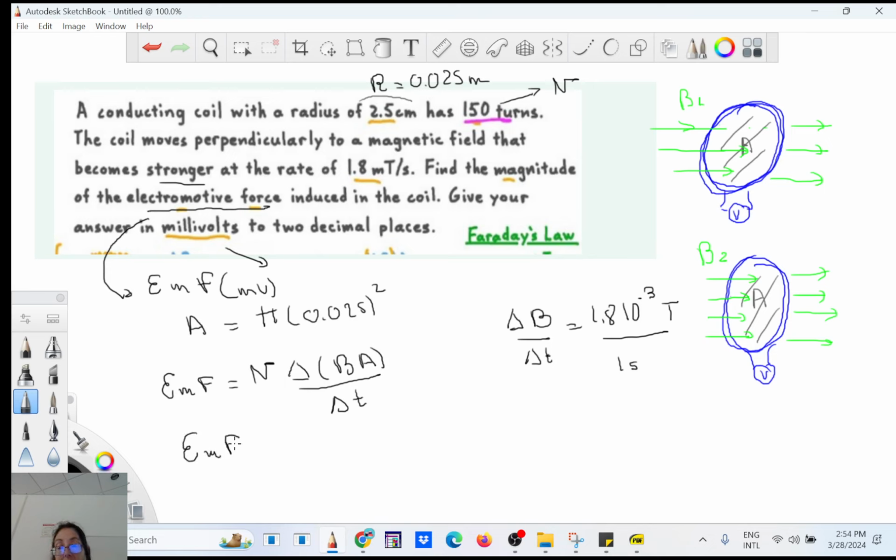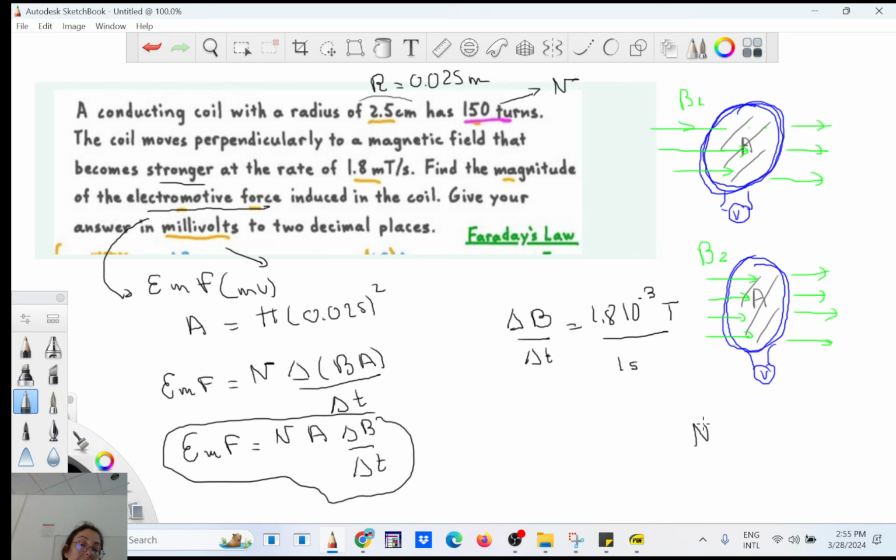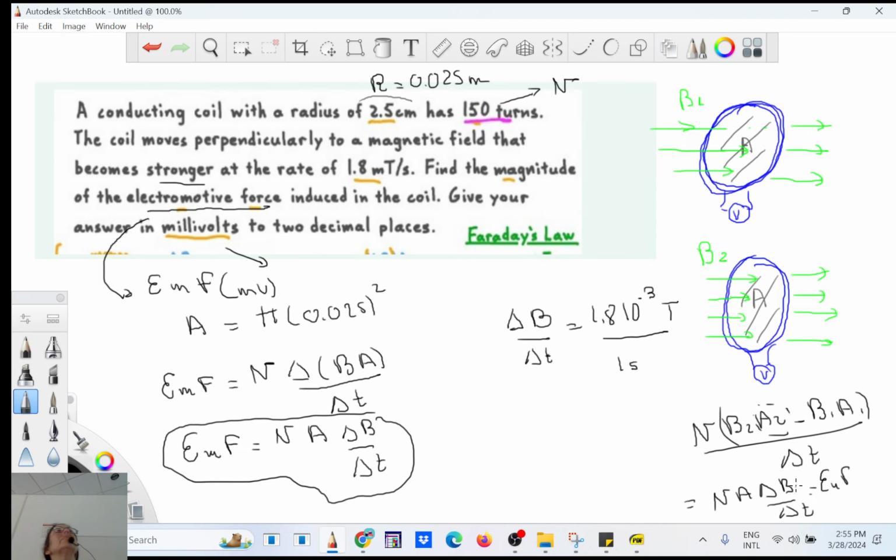So EMF equals the number of loops times the area times delta B over delta T. Now, if you are confused here, you can say N times B2A2, so after minus before, divided by the time. So you can factor out this area because it's going to be the same. So it's going to be N A delta B over delta T. Right?